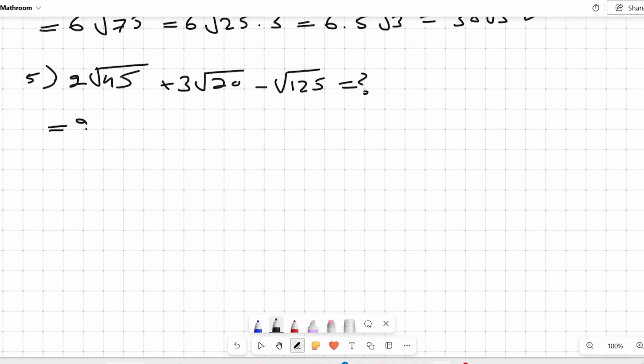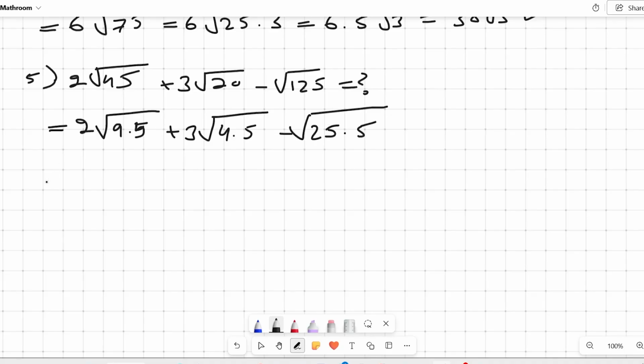Instead of 45, I can write 9 times 5, square root of 9 times 5, plus 3. Instead of 20, I can write 4 times 5, square root of 4 times 5, minus, instead of 125, I can write square root of 25 times 5.